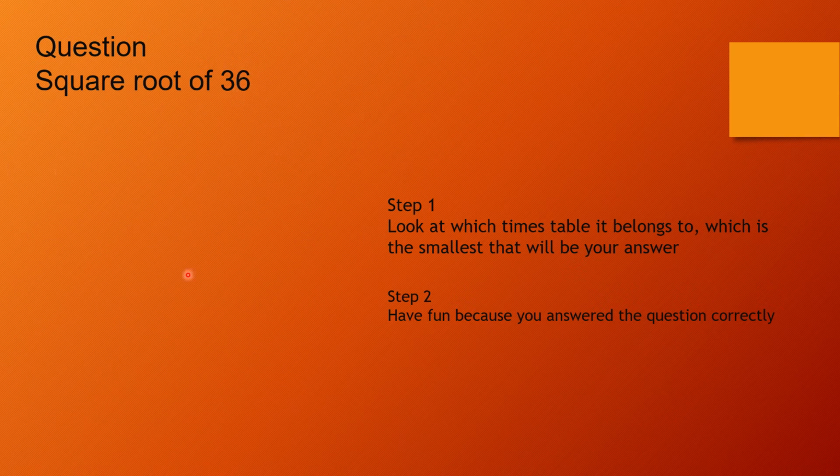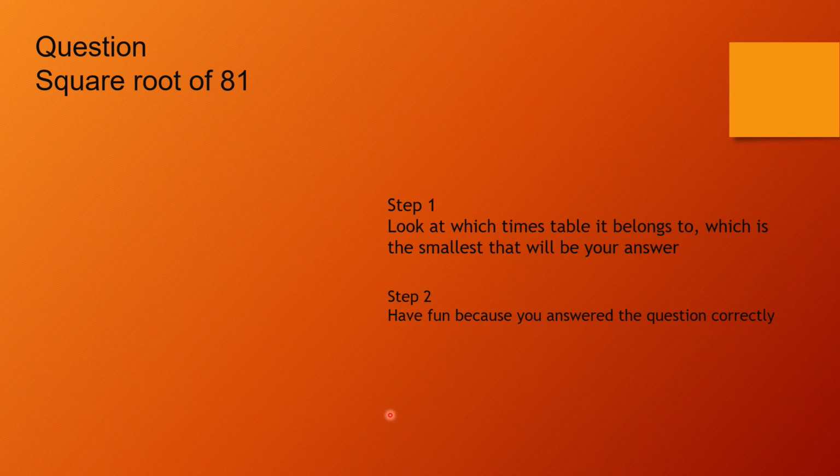That's the 3 times table, but this time, as we saw the definition, this accordingly should be 6. Because 6 times 6 is 36.